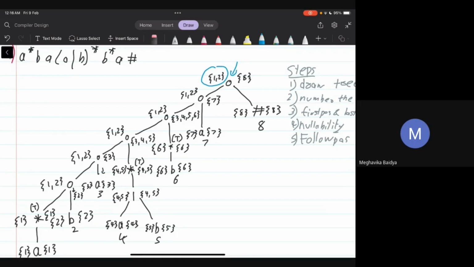You take the firstpos of the root node, which is 1 comma 2, and you write this. That is your starting state. You write this as A equals 1 comma 2. So we are going to find the topmost concatenation and make it our starting node of transition.